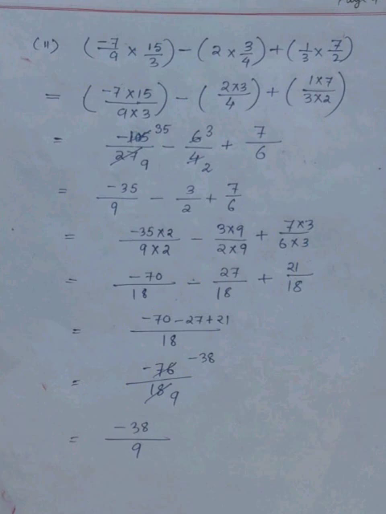We have to find the LCM of 9, 2 and 6, and after simplification we get minus 70 minus 27 plus 21 divided by 18, that is equal to minus 76 by 18. Again we have to convert it to standard form, which will give minus 38 by 9.